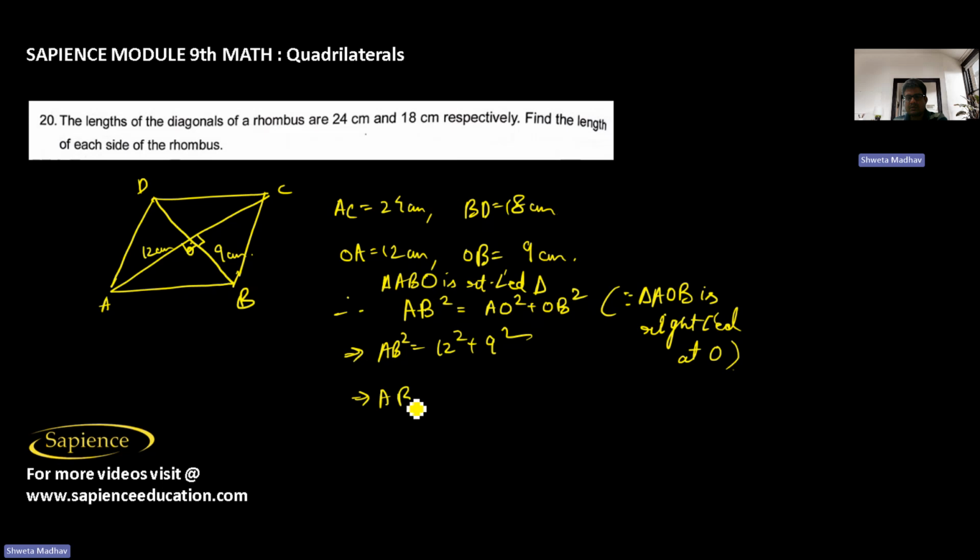It means AB square is equal to 144 plus 81, which is 225.